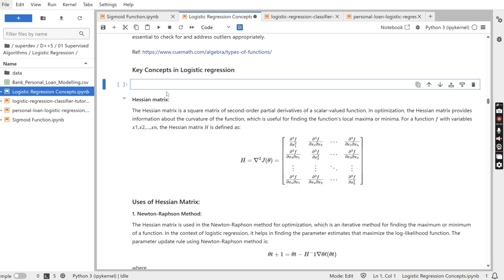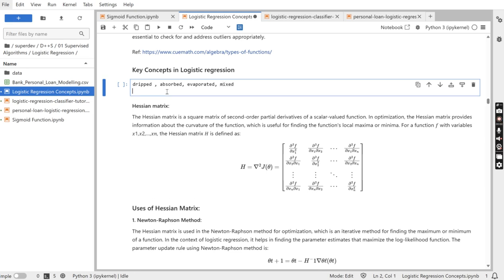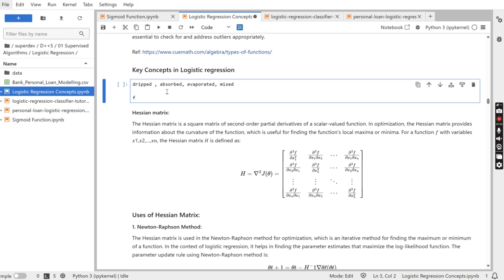Water got dripped, water got absorbed, some of the water got evaporated, and some of it got mixed. Now if I take f as a function, let me take f as a function for plant growth.